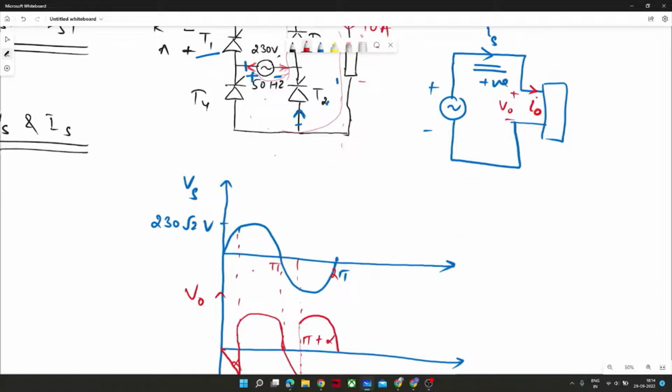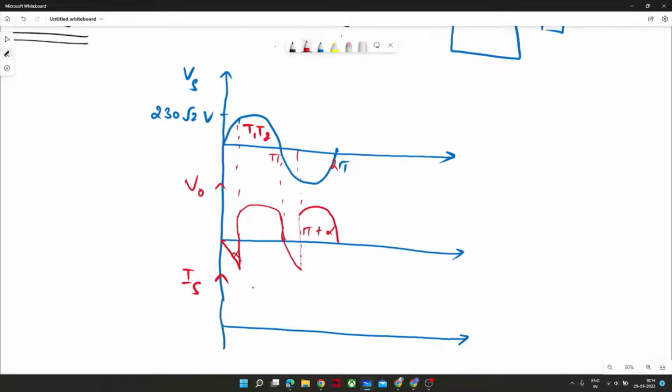When T1 and T2 were conducting, IS will be equal to I naught, from alpha to pi plus alpha, where alpha is 30 degrees as given in the problem.